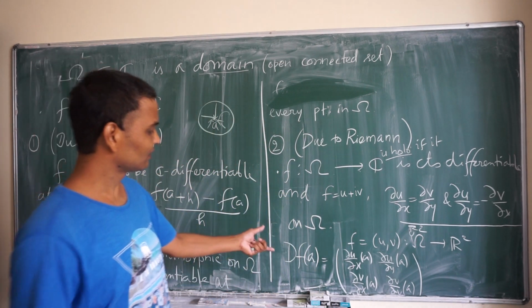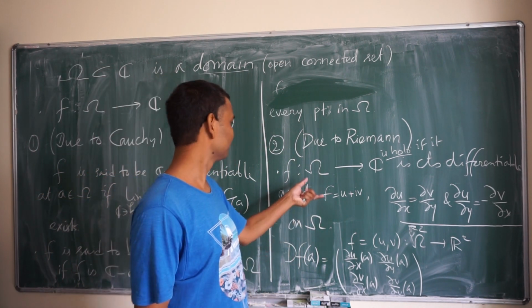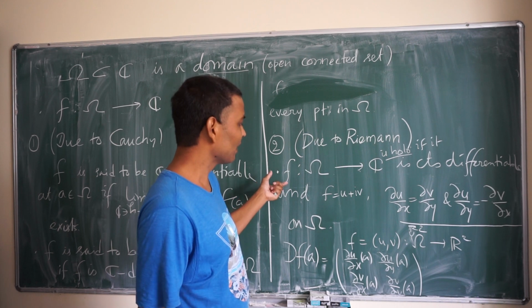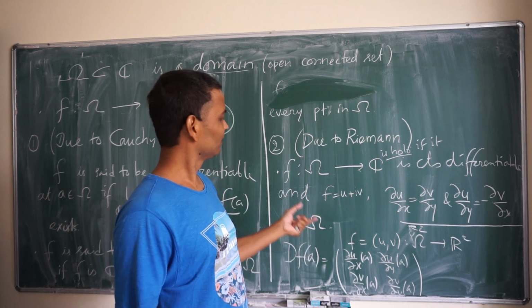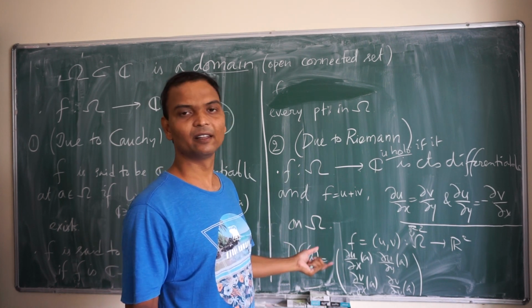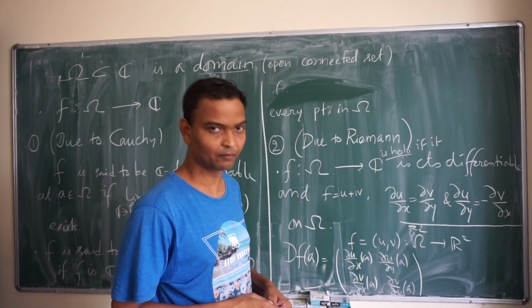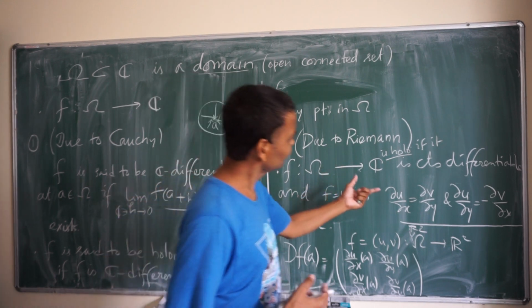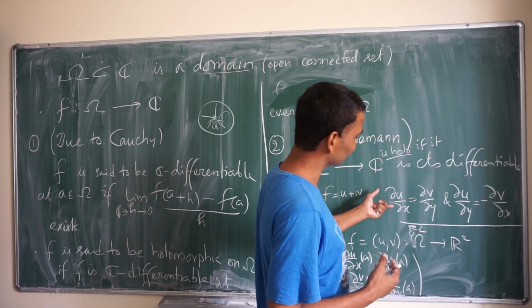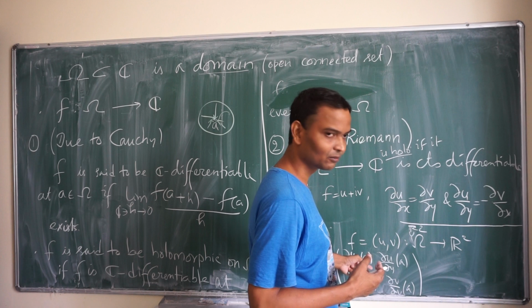The point is, as you know, the derivative for a map from Rn to Rm, that derivative at a point is a linear map, a real linear map. But what this system of differential equations does is make it complex linear.